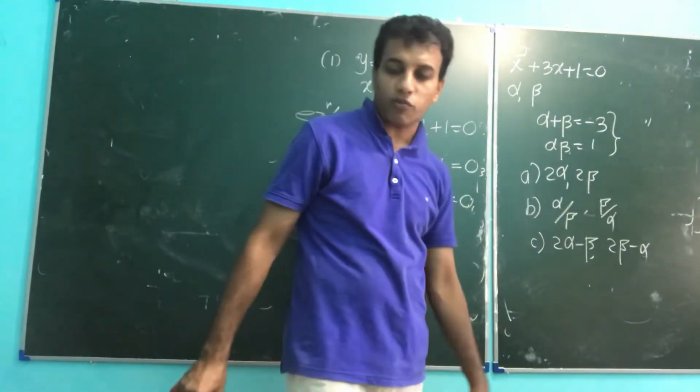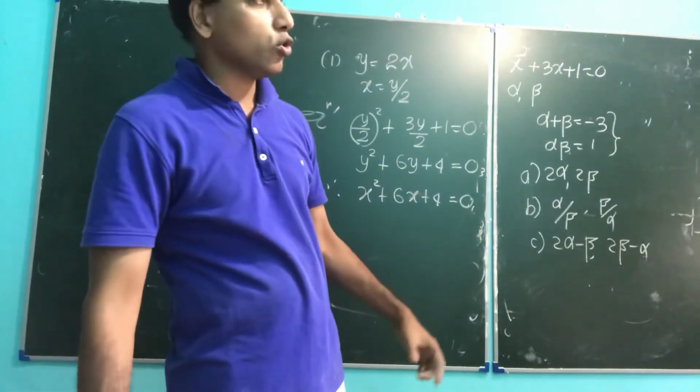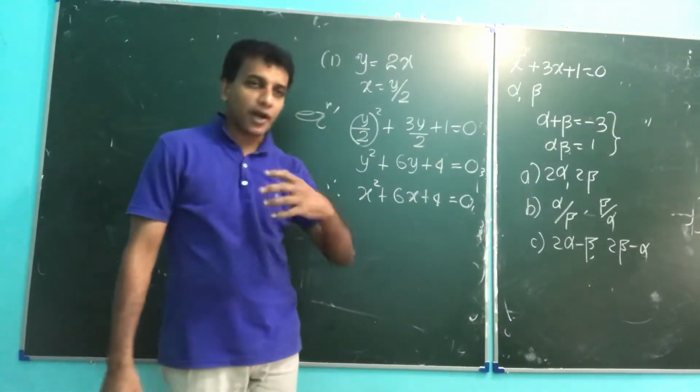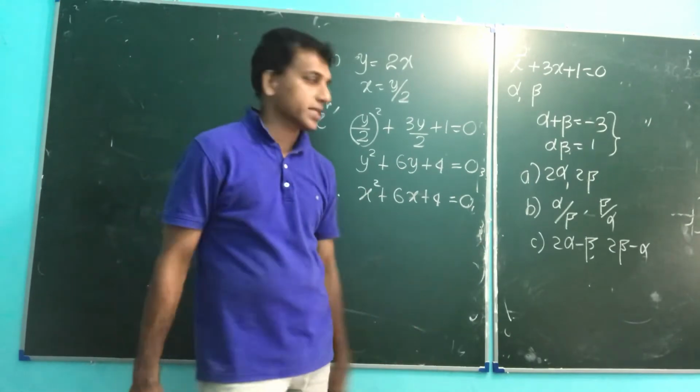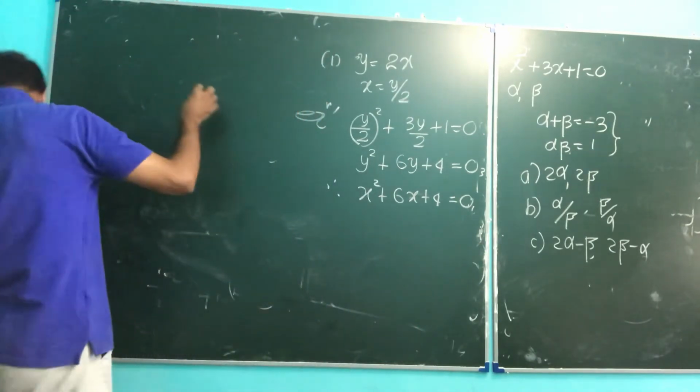Beta over alpha. So in this case I will show you the summation and product method to get to the answer. That is problem B.